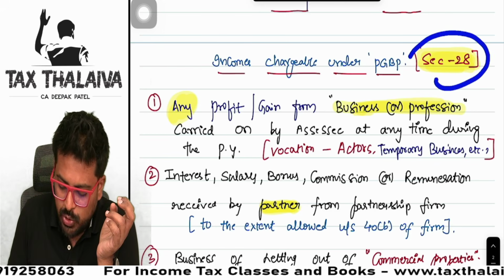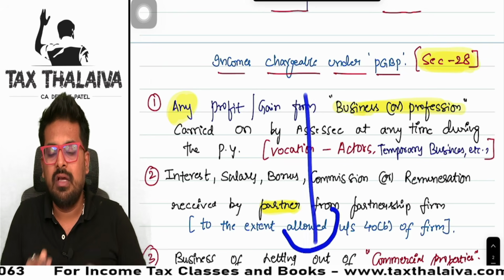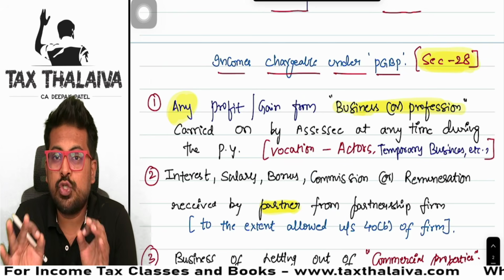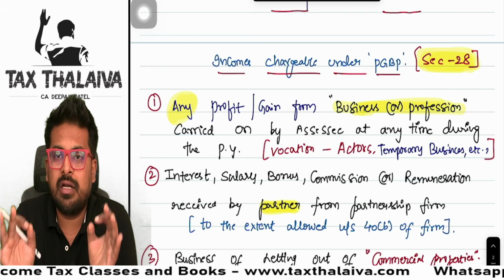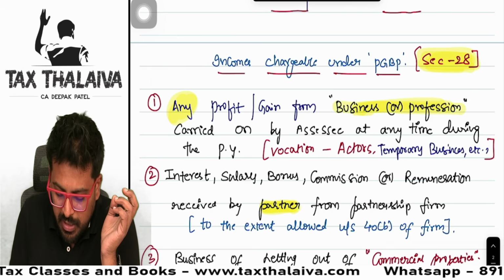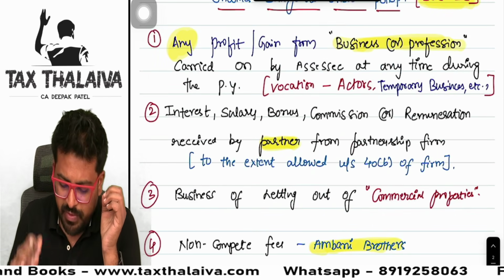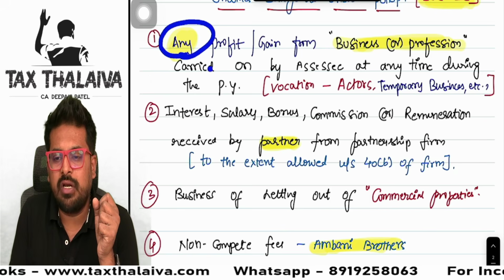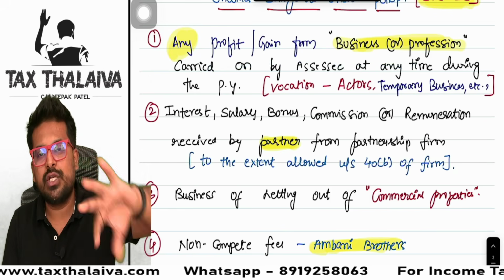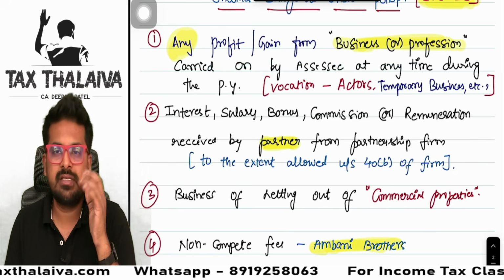So here in section 28, there is a list of things which have to be considered as income under the PGBP head, income chargeable under PGBP. What are those? First one says any profit or gain from business or profession has to be considered as business income.